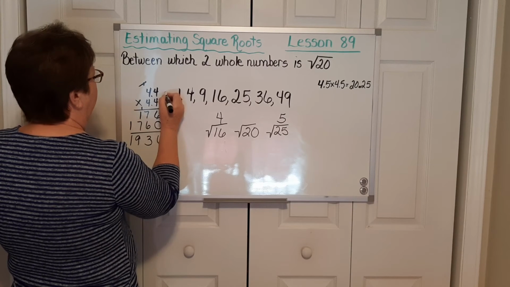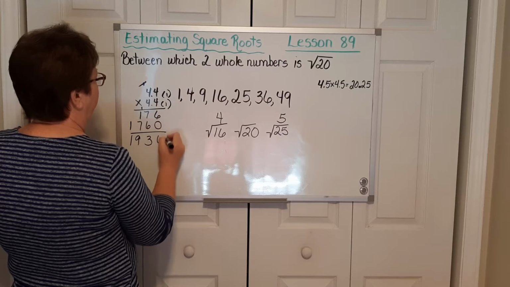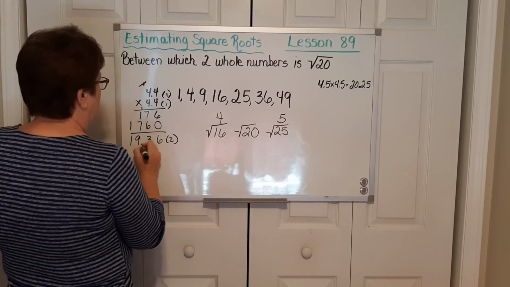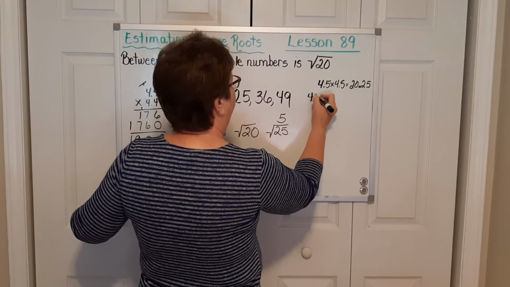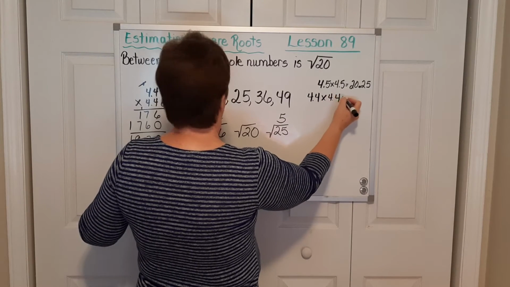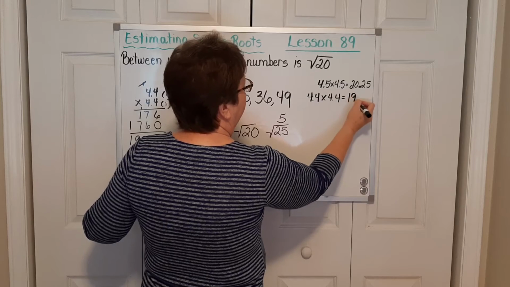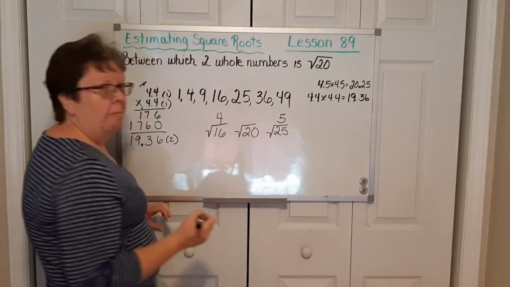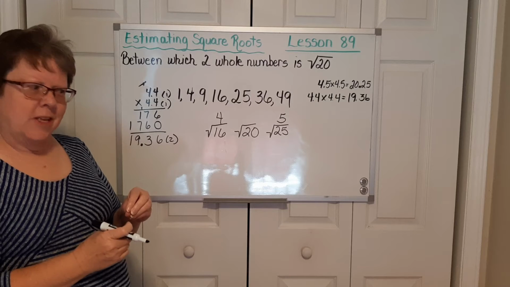Okay, 1 decimal here, 1 here, for a total of 2. So now, look at 4.4 times 4.4 equals 19.36. So that's not quite enough, is it?